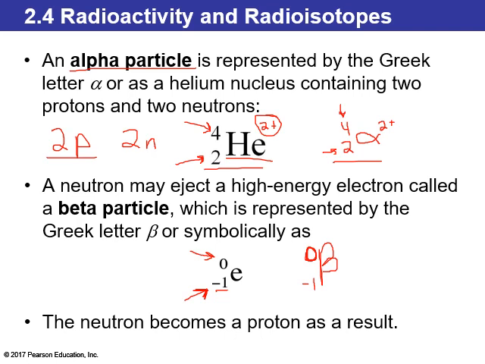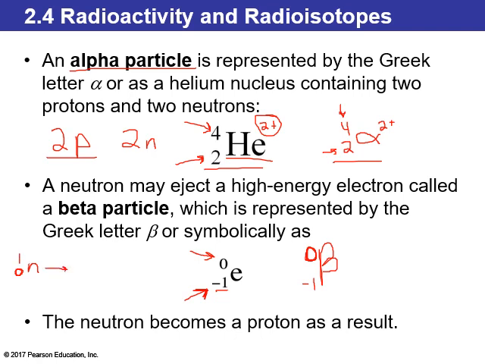When a neutron breaks down or gives off a beta particle, it becomes a proton as a result. So let's just take a look at that. A neutron would have an atomic number of 0 because it doesn't have any protons. It would have a mass number of 1.